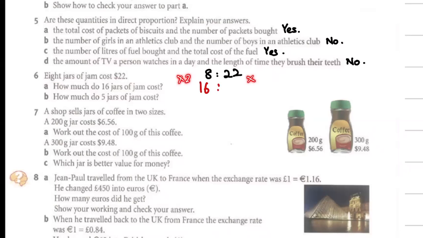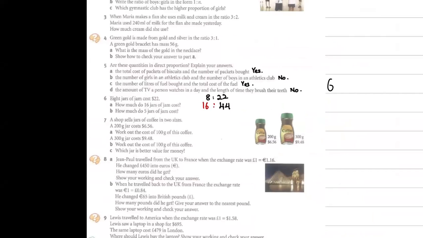So the answer would be $44. So 6A, 8 is to 22, 16 is to 44. The answer should be $44.